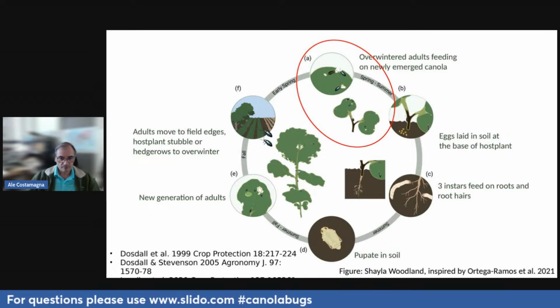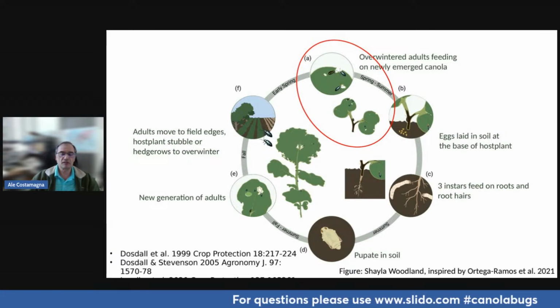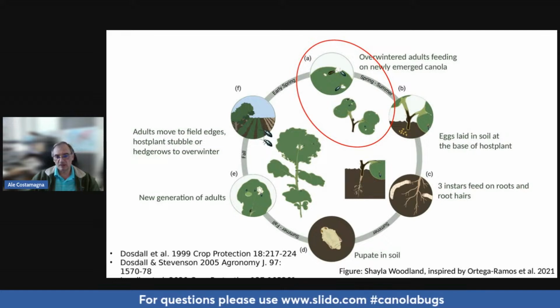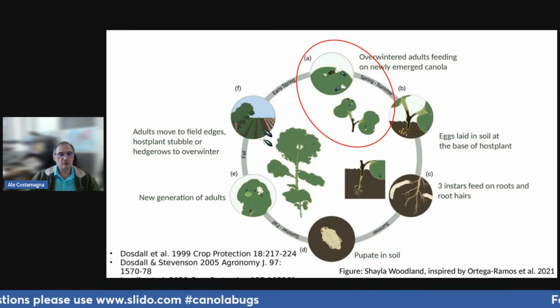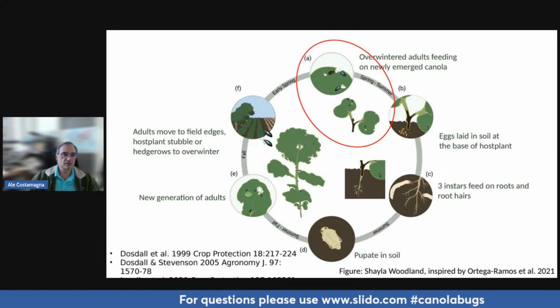After they feed in the spring, they can cause damage up to the two true leaves stage in canola. They will lay their eggs in the soil. The larvae, which are very, very small, will feed on the roots of the plants. They don't cause any economic damage as larvae, as far as we can tell from previous research and observations.